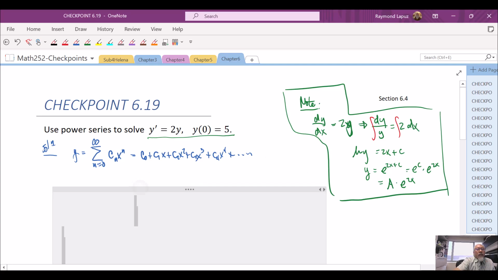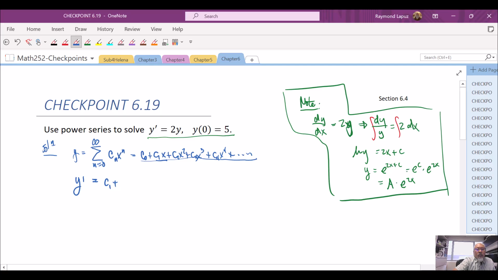And we want the derivative of this because that is going to be part of our differential equation. Taking the derivative term by term, the derivative of c sub 0 is 0. The derivative of c sub 1 x is just c sub 1.